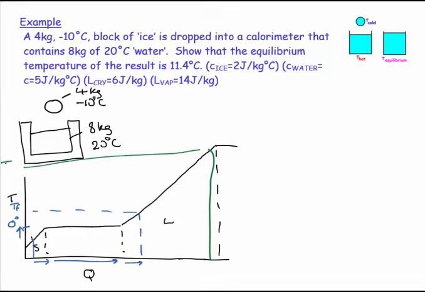This is T hot of the hot water, and as that hot water cools, so we give Q, and the amount of energy that we need is equal to the amount of energy given by the hot water. If we give a little bit less heat, then we'll have a lower temperature.